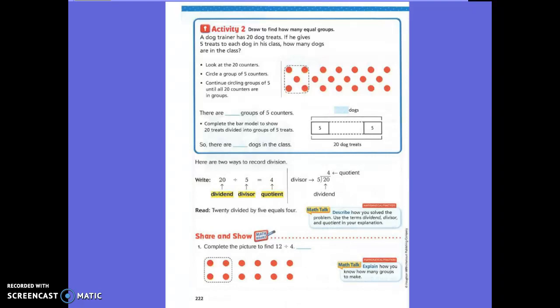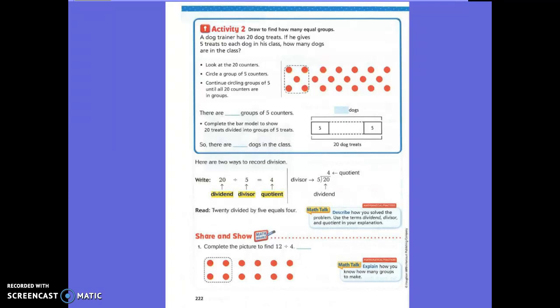Okay, second activity. Read the story problem. A dog trainer has 20 dog treats. He gives 5 dog treats to each dog in his class.